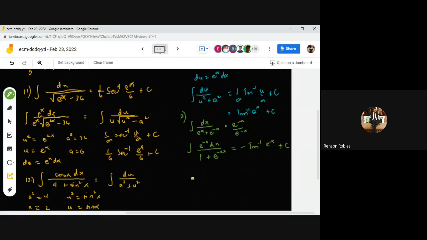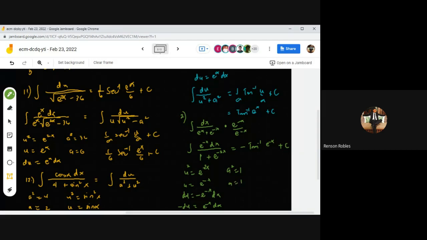Okay? Again, you let u be equal to e to the negative x because your u squared is e to the negative 2x. So your u is e to the negative x. Du is e to the negative x, derivative of negative x, negative dx. And you see it right here. But there's no negative in front. Kaya, negative du yun. And then you know that a squared is equal to 1 and a is equal to 1.